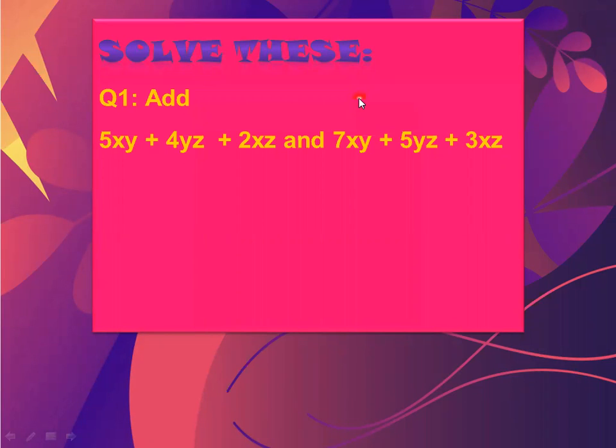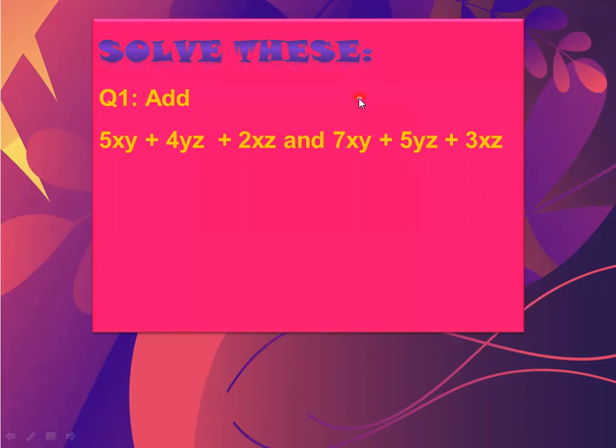Okay, now students, please give the answer of this one. No, I'm not going to give you any homework. Please write down the answer of this one. What will be the answer? No, no, Rania. You will simply add the like terms together.